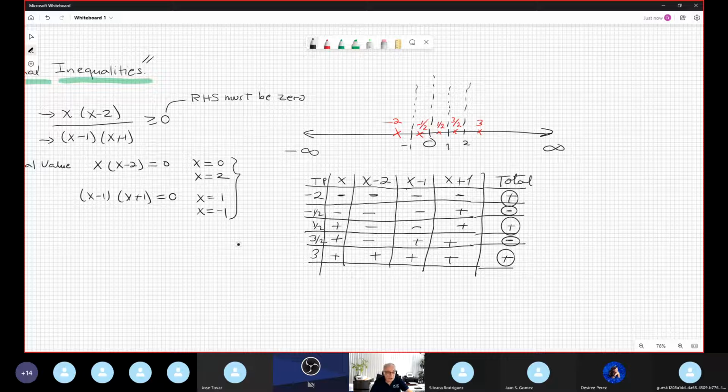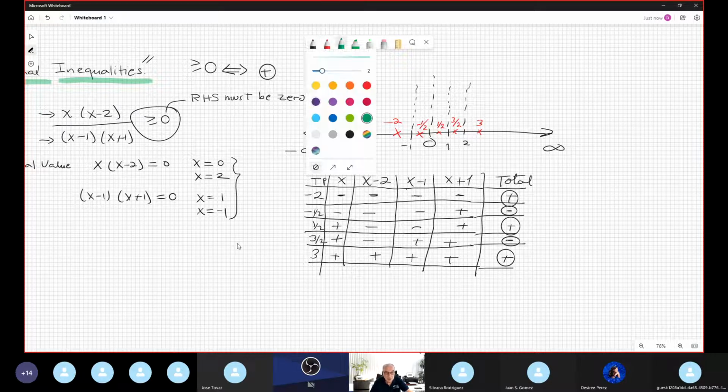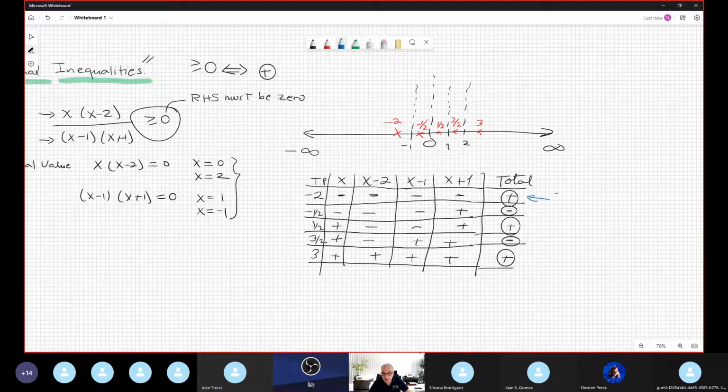And we come back again to the beginning. You see our inequality is greater than or equal to 0. Okay, this is equivalent to saying to be positive. The true part, the true guy, is the positive here. Let me use another color, maybe blue. This is true. This is true. And this is true.